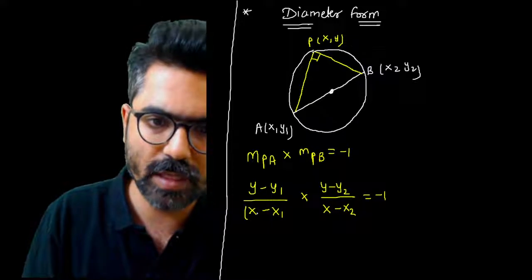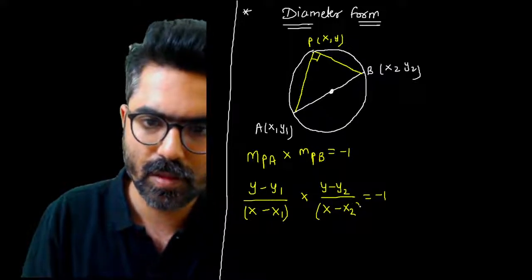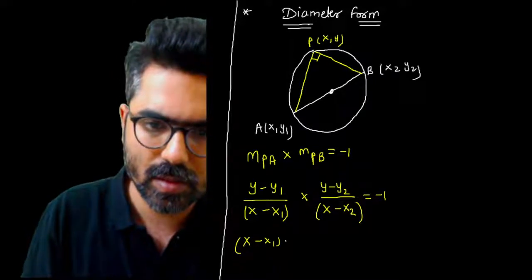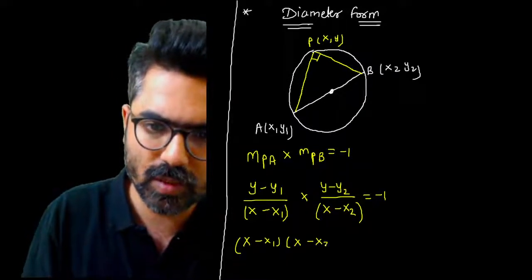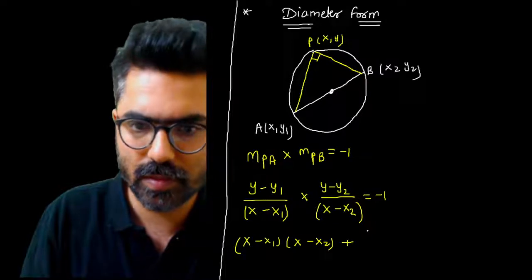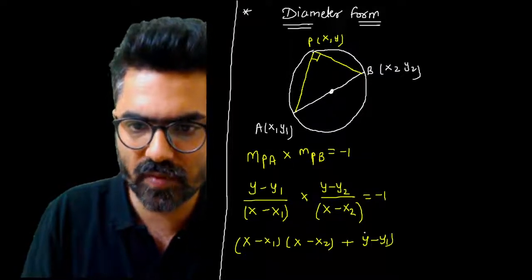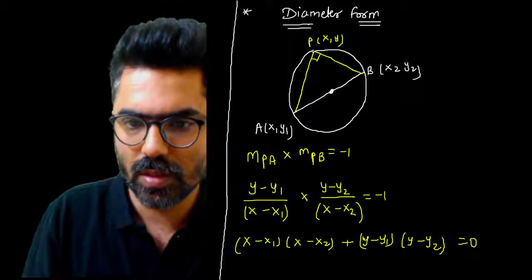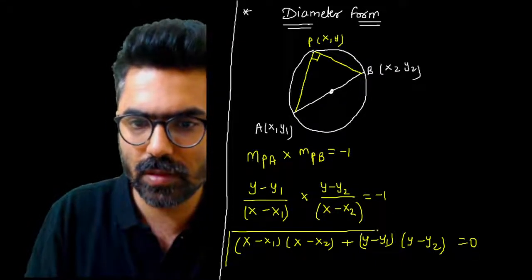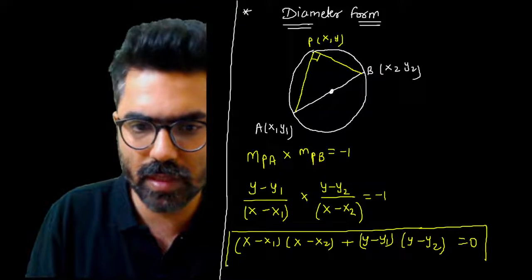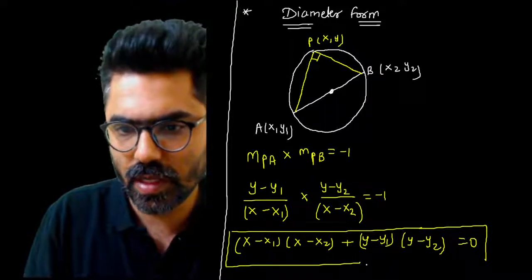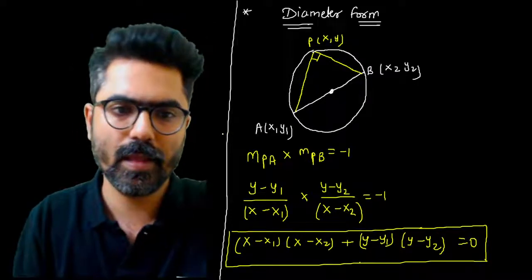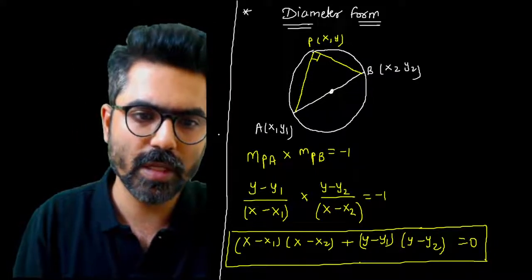Now if you multiply this part over here on the right hand side, you will get x minus x1 into x minus x2 plus y minus y1 into y minus y2 equal to 0. This is what the diameter form is. So if possible, remember this part, where x1, y1 and x2, y2 are the endpoints of diameter.